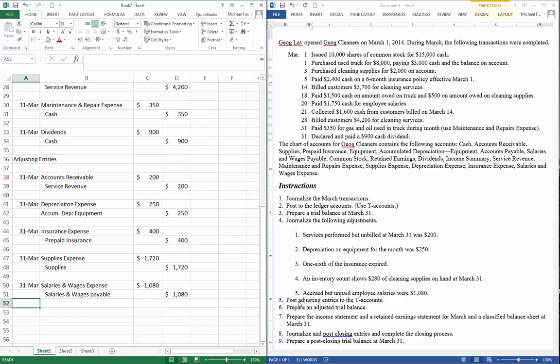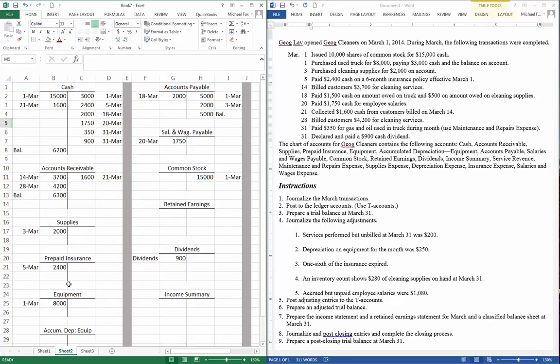Now it's probably going to tell us to post the adjusting entries into the T accounts. Okay, so we'll go back to our T accounts, and I'll enter each of these. Accounts receivable debit 200 on March 31st. So I'm actually going to get rid of this balance. All right, accounts receivable debit 200.